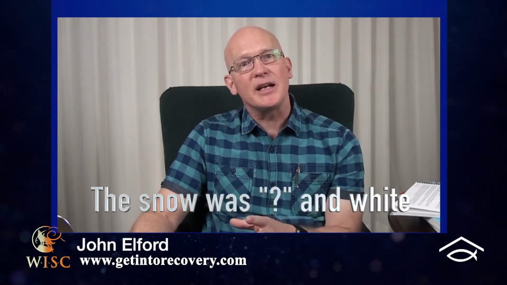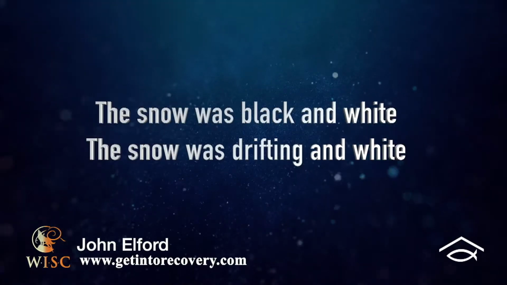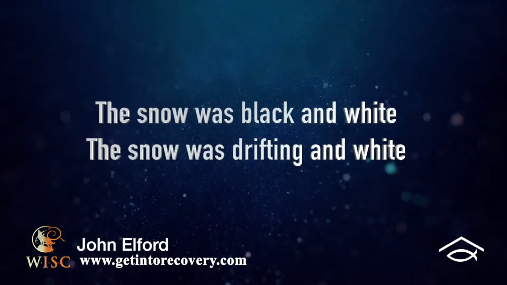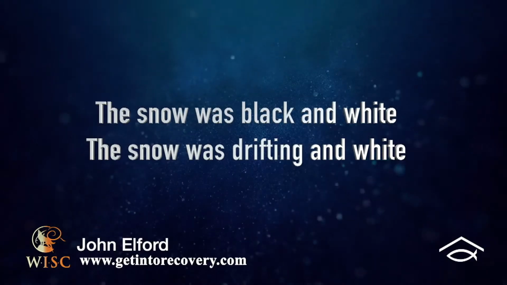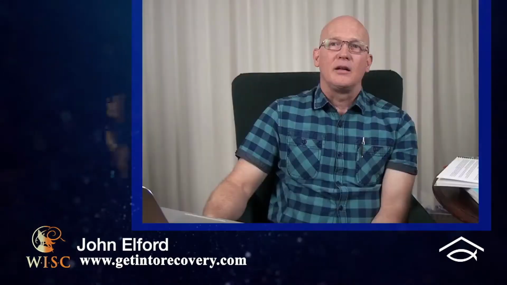So the word in the middle there, "tief," we don't actually know what it means, and my brain can make up all sorts of things. I can add words in there. The snow was black and white, the snow was drifting and white, and that's a really important point for us to learn and to remember when we're trying to teach a program like this.